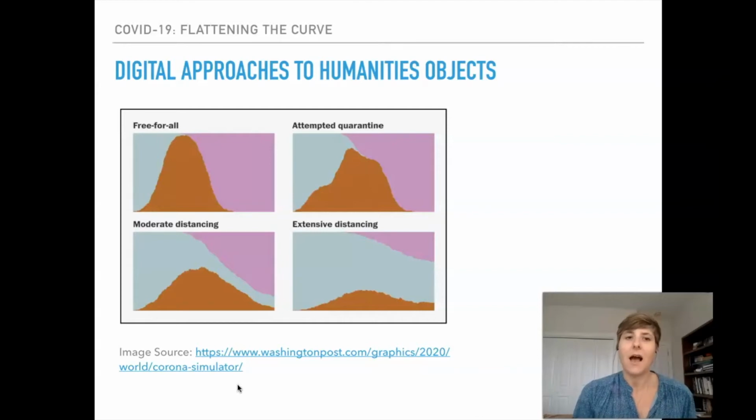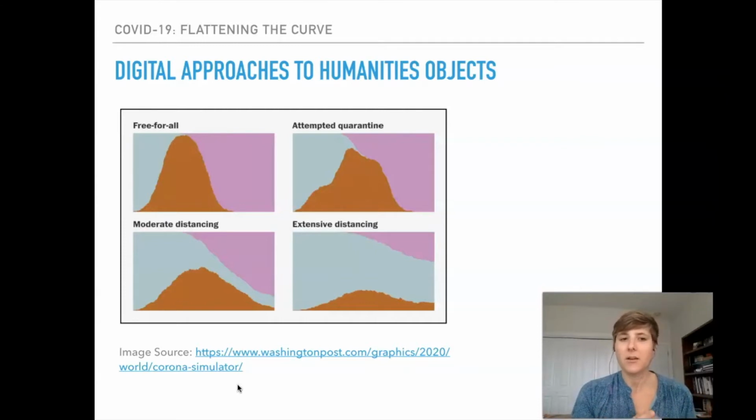It simulates different ways that doing nothing, trying to have a state-enforced quarantine, moderate distancing, or really just isolating and quarantining ourselves, the different effects that this might have on the spread of the disease.